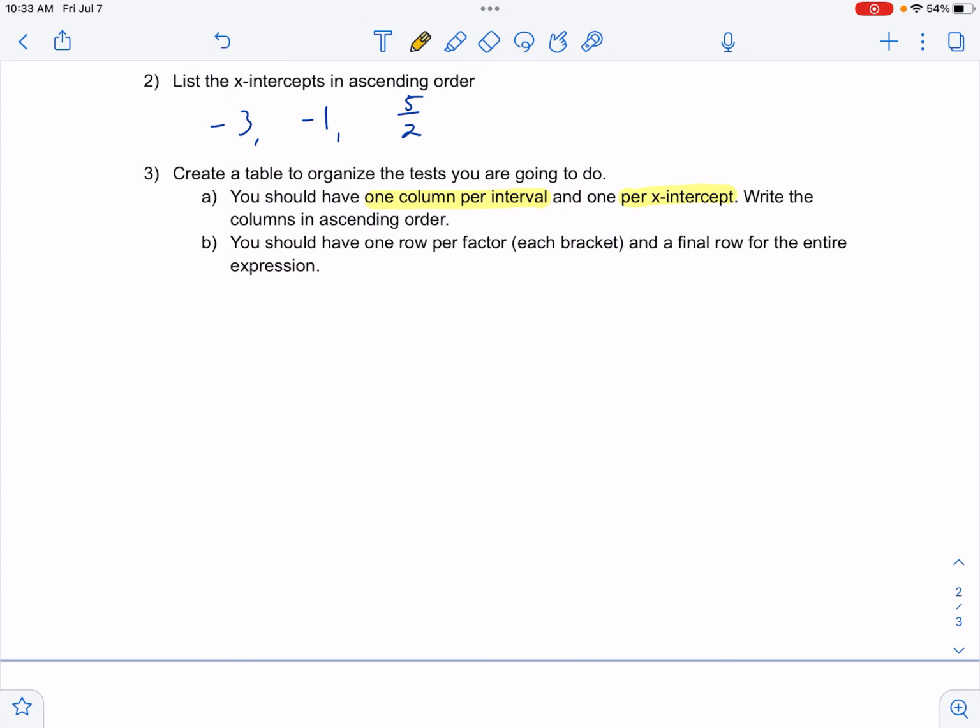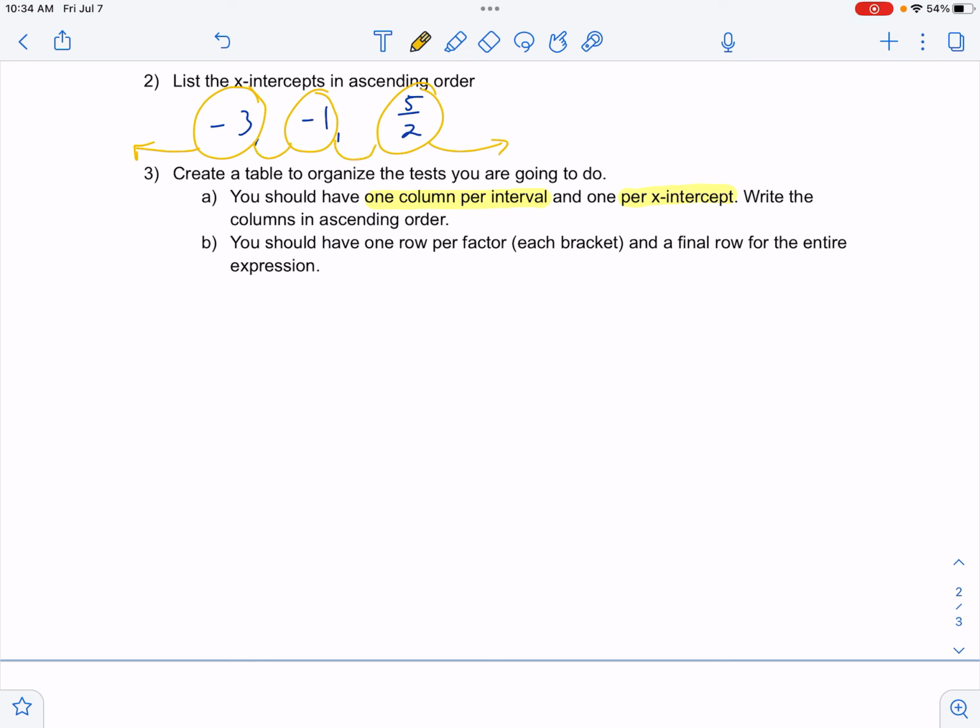We need to have one per x-intercept, so I need 1 column, 2 columns, 3, 4, 5, 6, 7 columns.